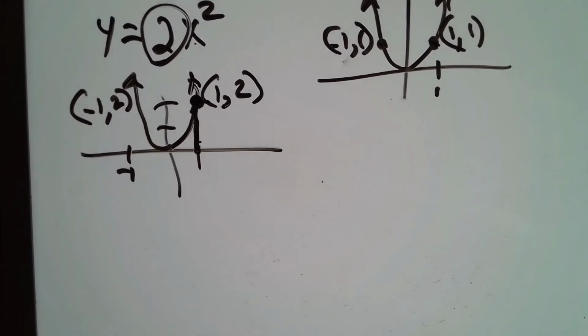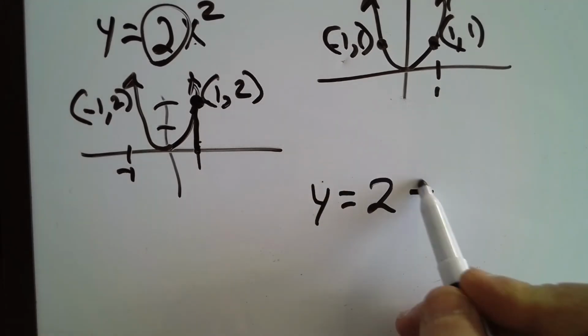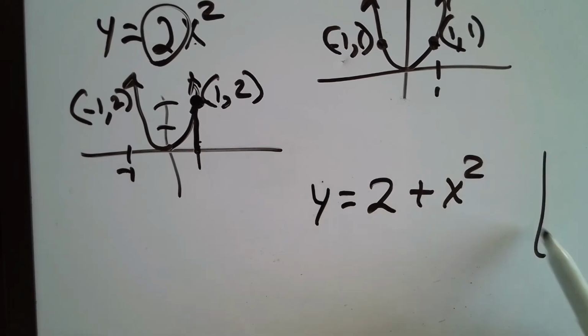So that's different than if it was plus or minus, because then here the 2 is multiplied. Here the 2 is multiplied into it. It's not plus or minus. If it was y equal to 2 plus x squared, now that's shifted up.